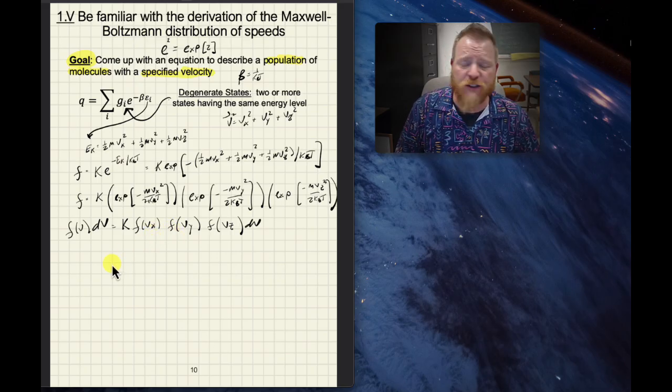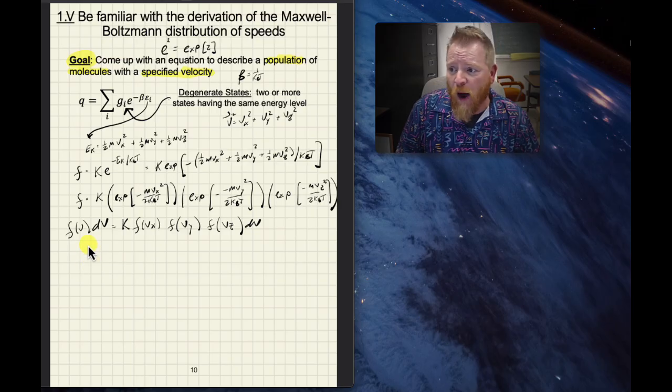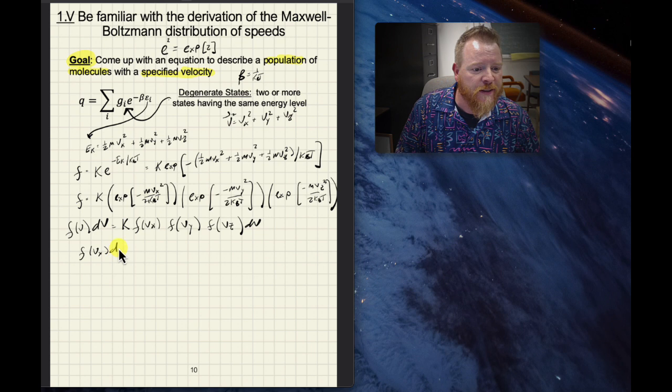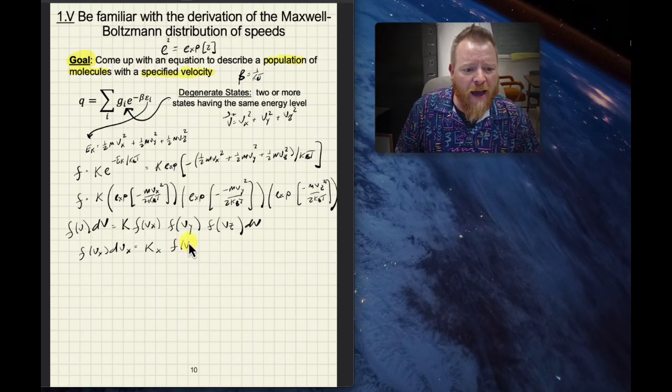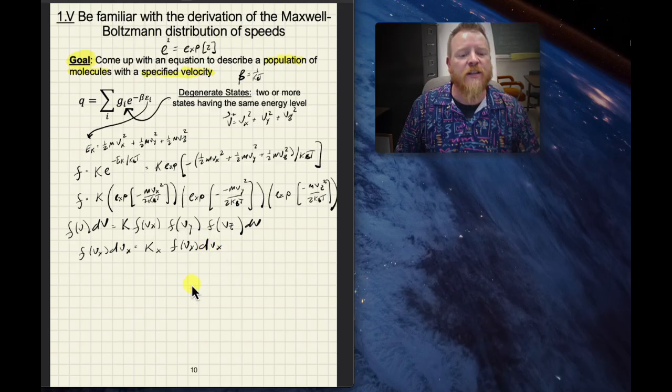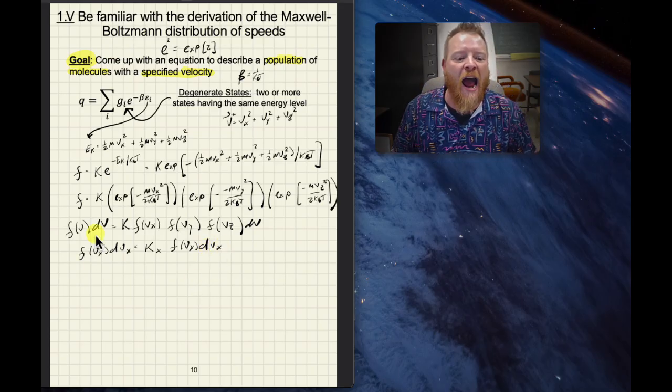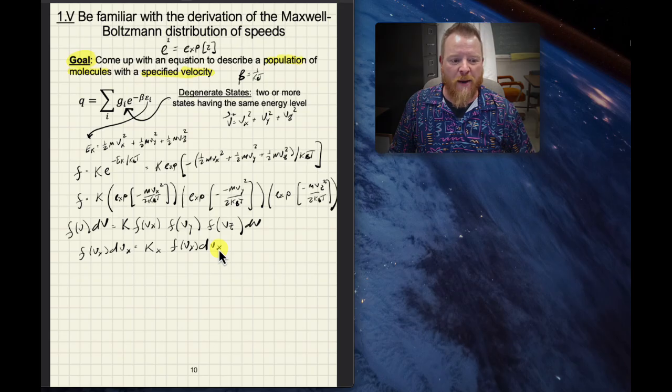So let's just play with it in one dimension for now by writing f of vx dvx equals kx, and that's k only in the x dimension. So we can see we could distribute that k through all of these functions, and f of vx dvx. So all I did was separate out any one of those things.